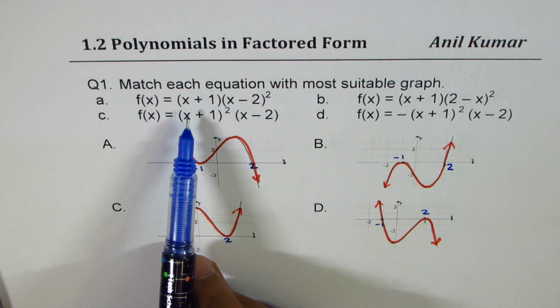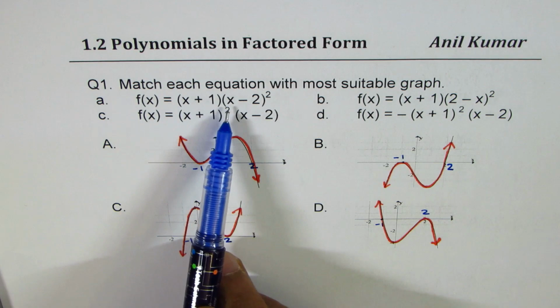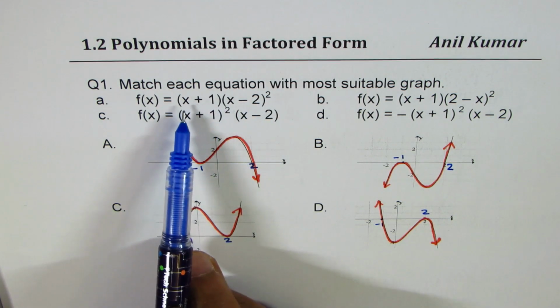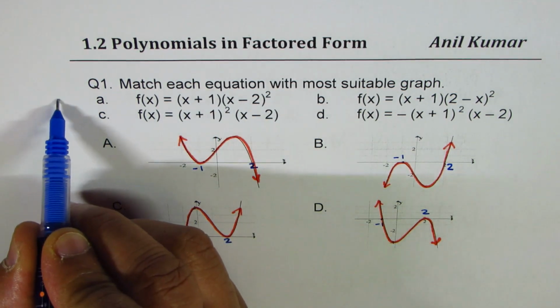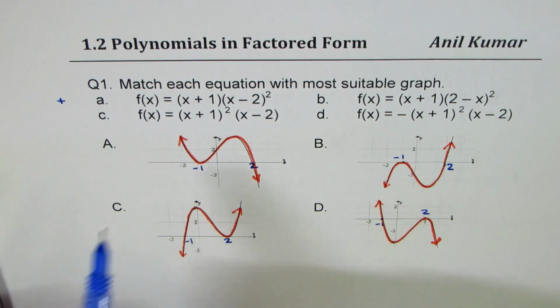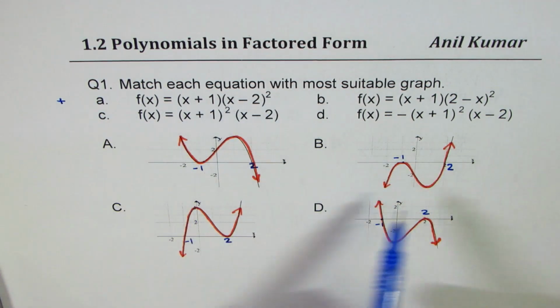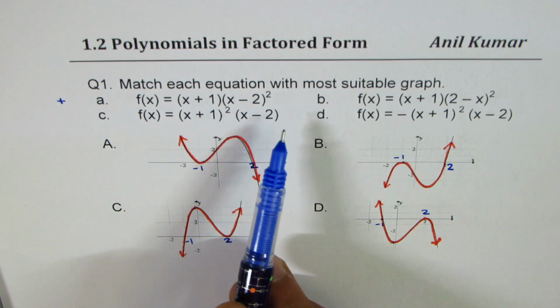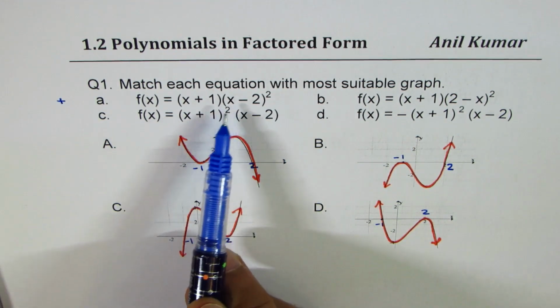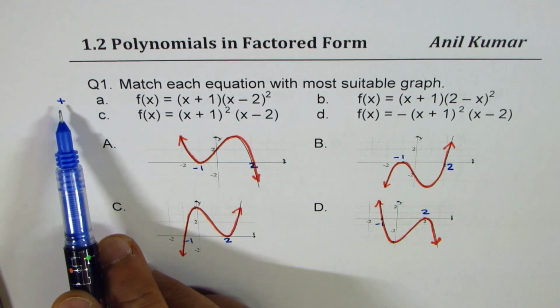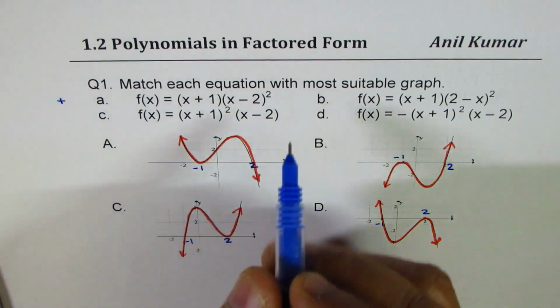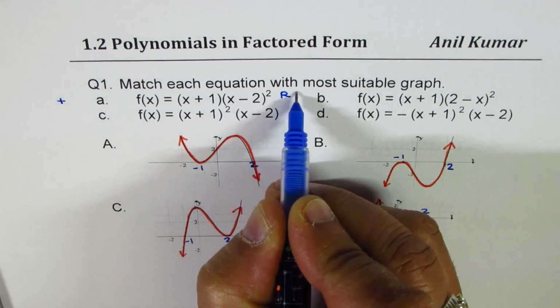The very first equation is (x plus 1) times (x minus 2) whole square. The leading coefficient is positive, so we'll cite positive for leading coefficient. Degree is 3 for all, as you must have seen, so they're all cubic, right? Now, a positive leading coefficient means right side is up.